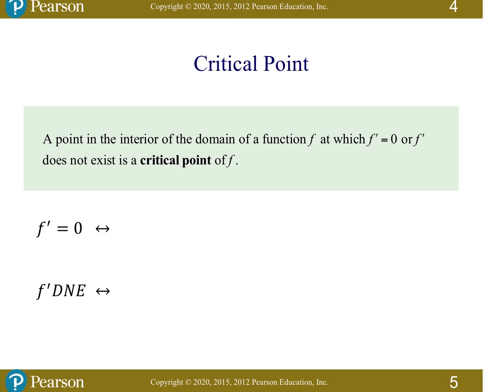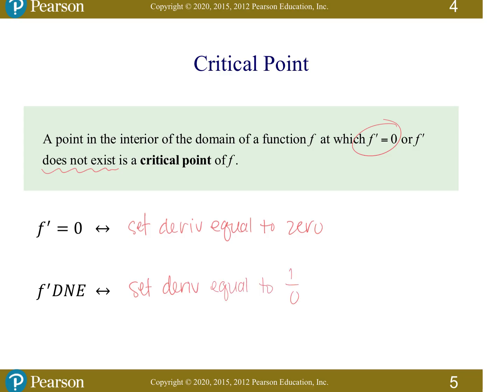Here is the definition: a critical point is a place where f prime either equals 0 or f prime does not exist. So you're going to set the derivative equal to 0, and you're going to set the derivative equal to 1 over 0. That will help you find any corners or cusps.